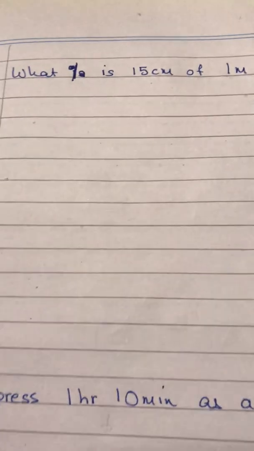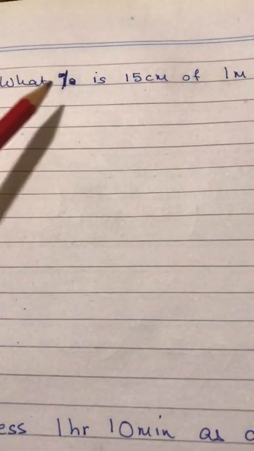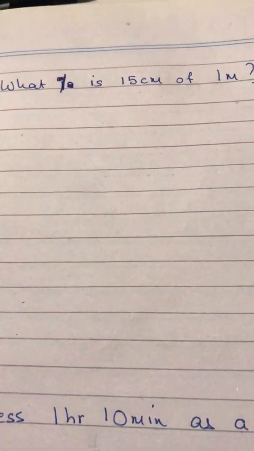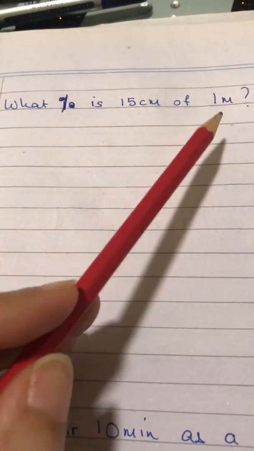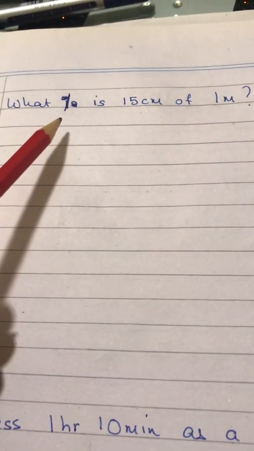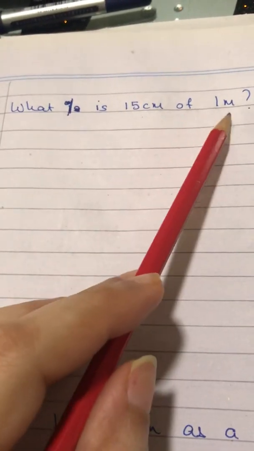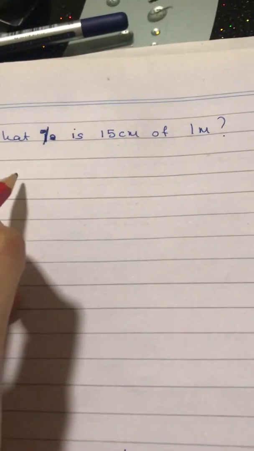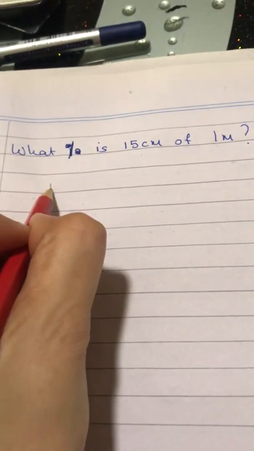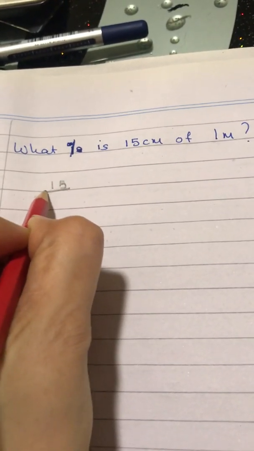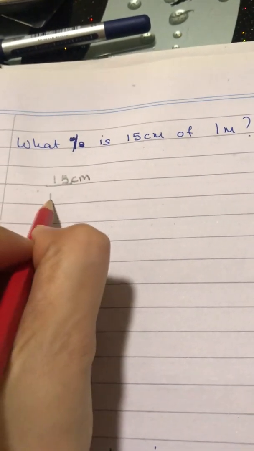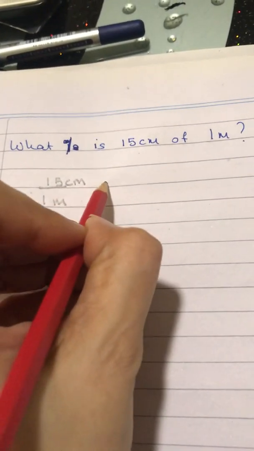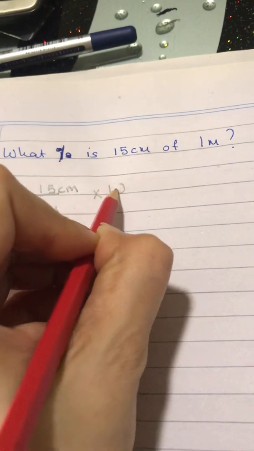For example, if we are asked, what percent is 15 cm of 1 meter? Again, the rule is the same. It's going to be the part over the total multiplied by 100, right? So, "of 1 meter" means 1 meter is the total. So, it's going to be 15 cm over 1 meter multiplied by 100.